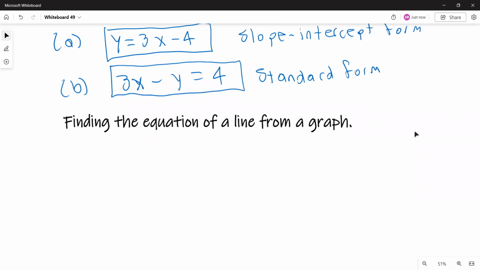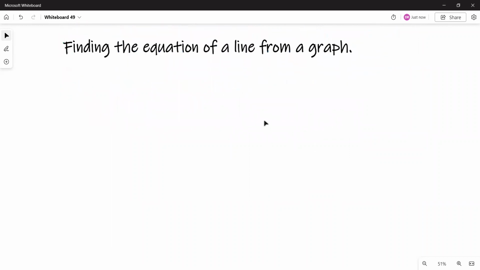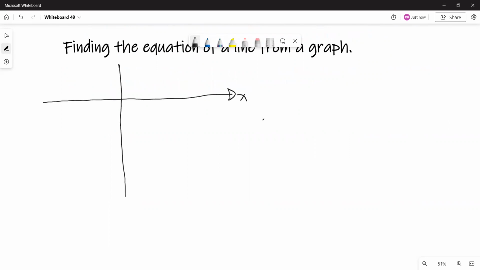Okay, so now what we know is the graph of a line. So I'm drawing the graph of this line.